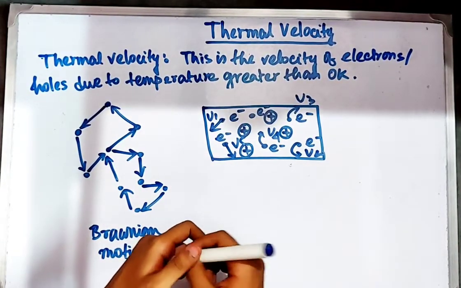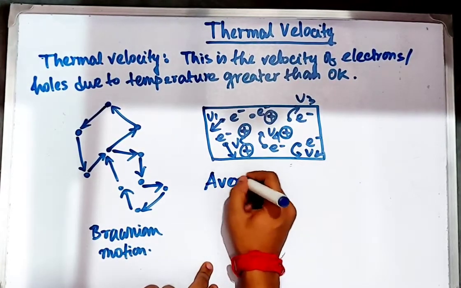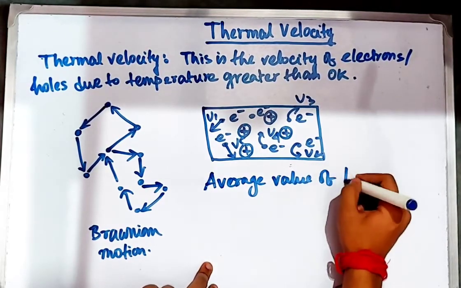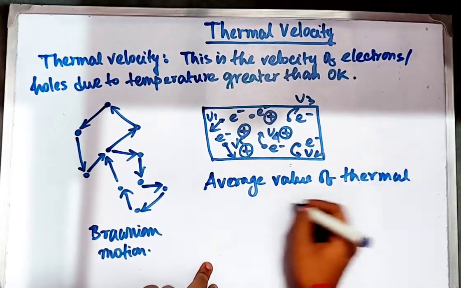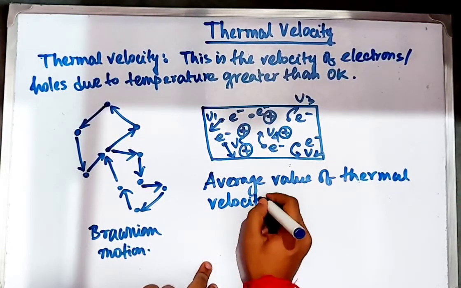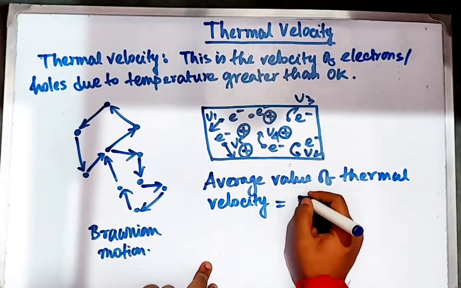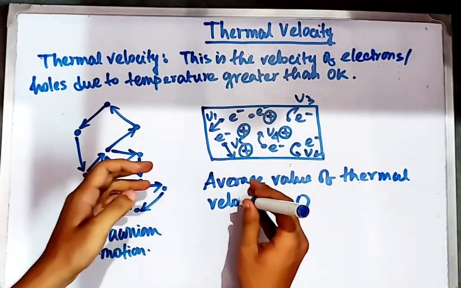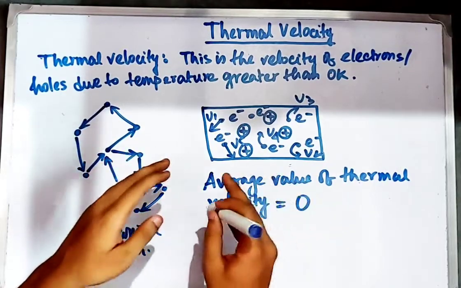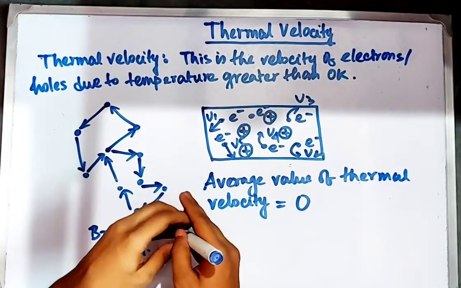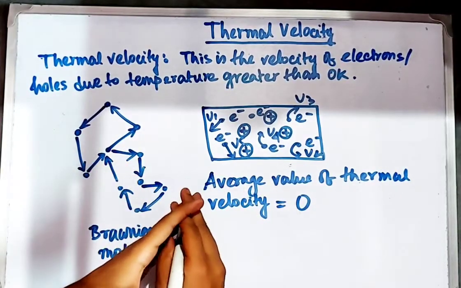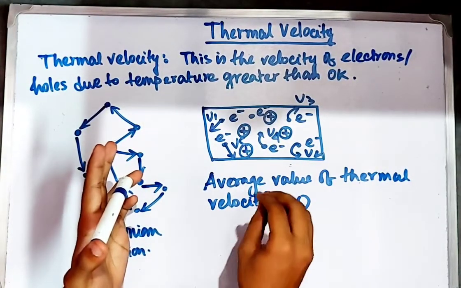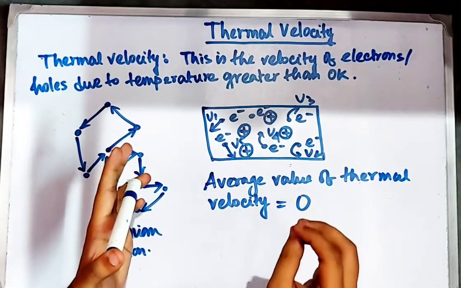But the average value of thermal velocity is always 0, because if each and every one of the electrons is moving in its Brownian motion, and the summation of all the velocities is not equal to 0, then there must be a current.